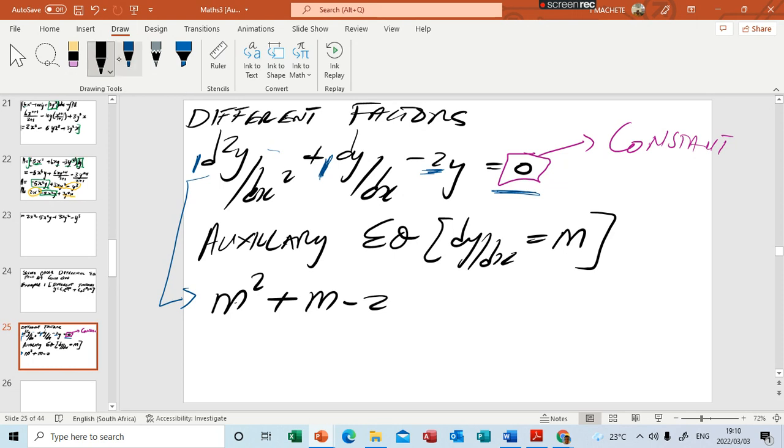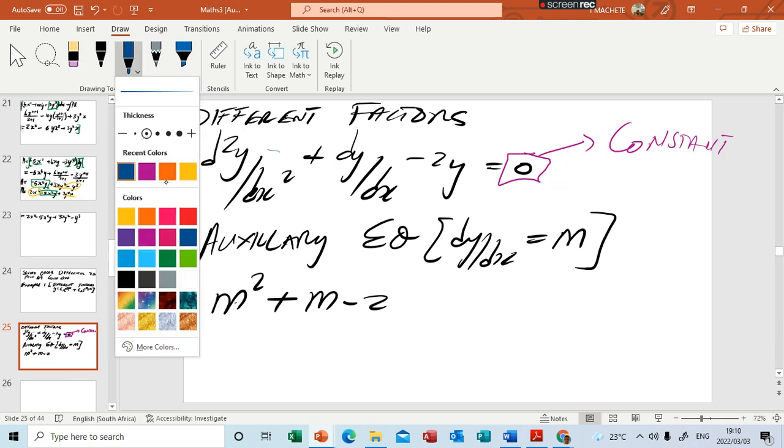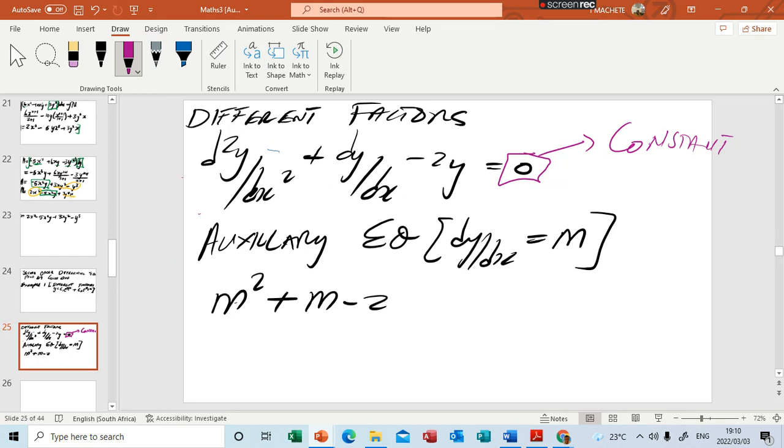So let's say, for example, I'm gonna write it in purple so that you can see it. Let's say for example, the coefficient for this one, it was 2, then this one was 3. So it means here you're gonna have 2m squared, then 3m. Then this one, the coefficient, you only take that 2.